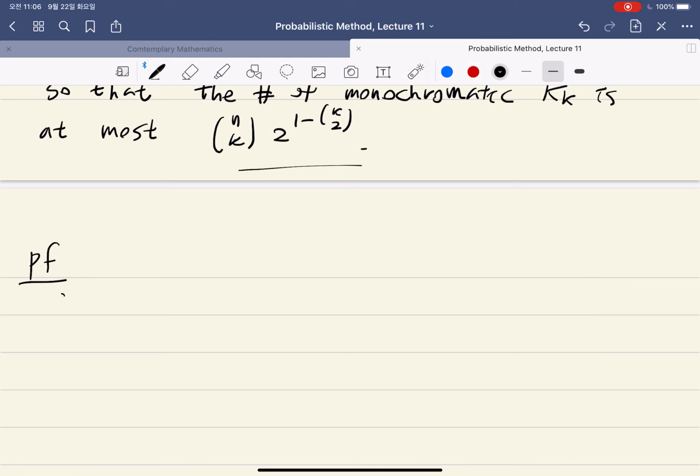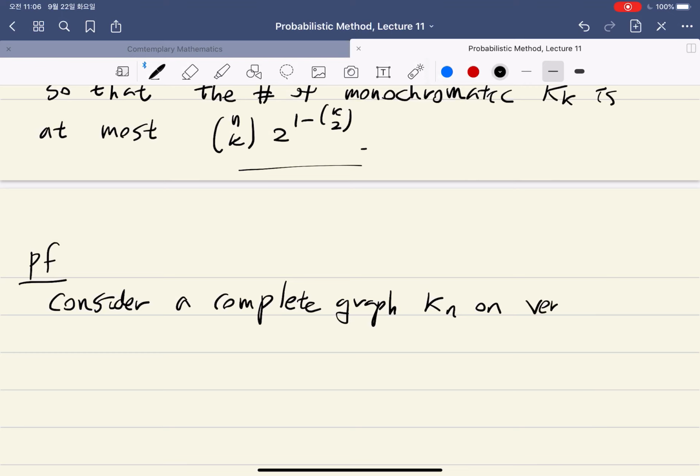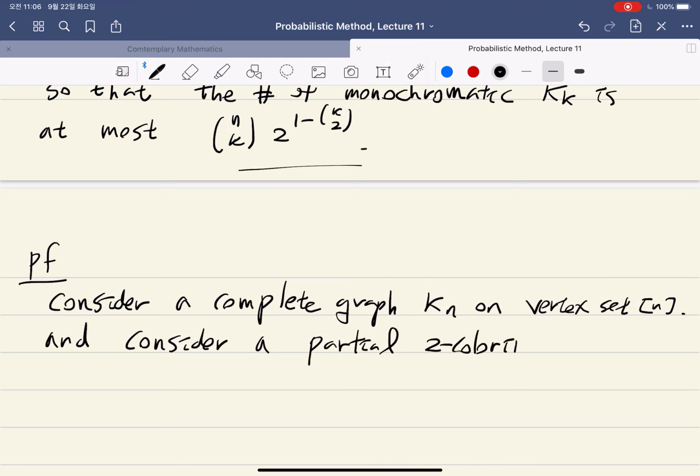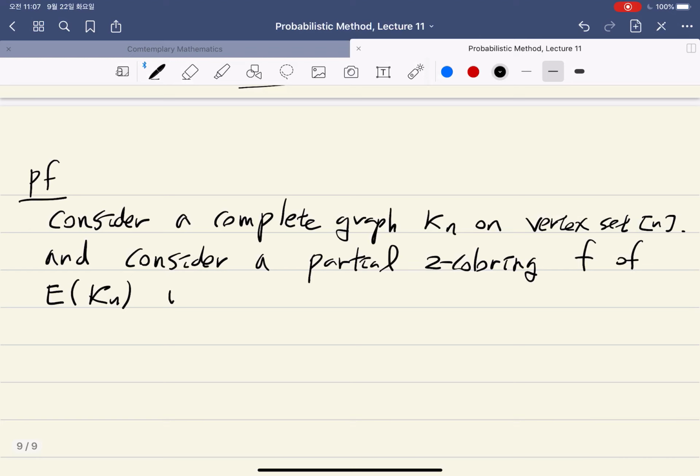And how do we do it? We consider a complete graph K_n on vertex set [n], and we consider a partial 2-coloring f of the edges of K_n. Here, a partial 2-coloring means that some of the edges are colored, but some of the edges are not yet colored.